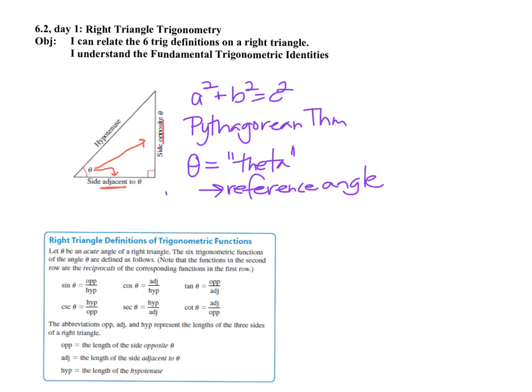Any side length that's across from the right angle always defaults to the hypotenuse. So we have an adjacent side, which we abbreviate to make things easier to write out, the opposite side, which we again abbreviate, and then the hypotenuse. Those three side lengths will be useful with some trigonometric definitions down below.